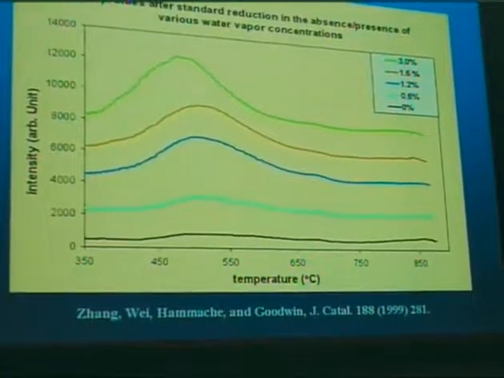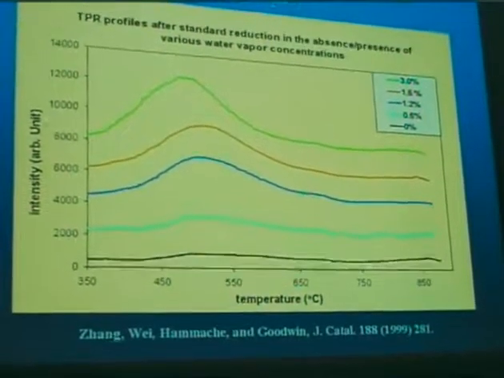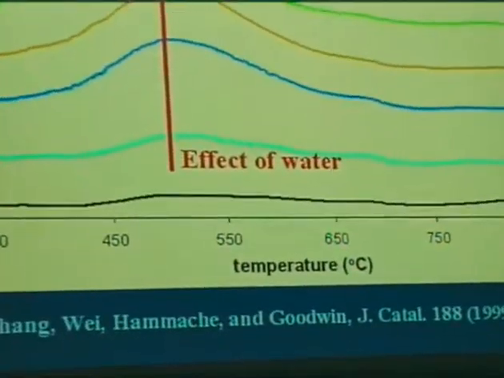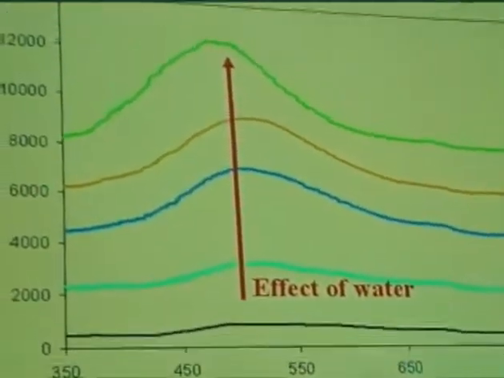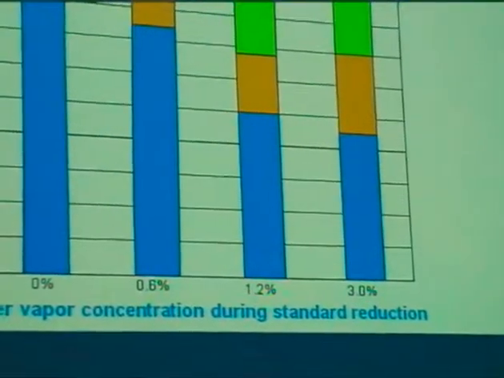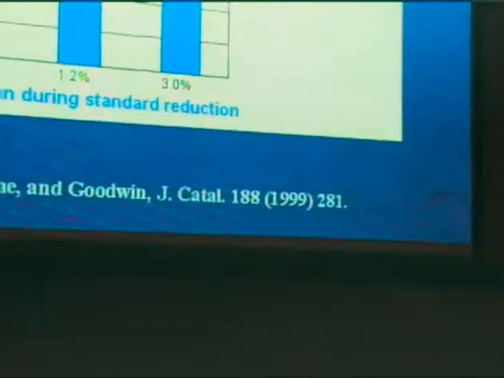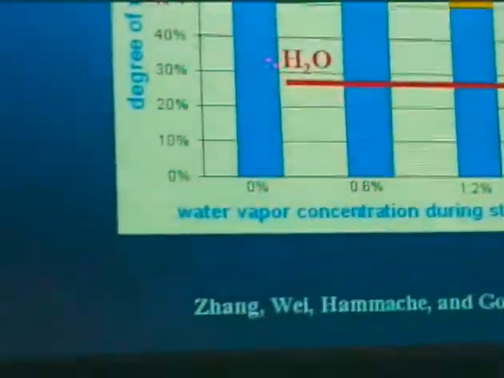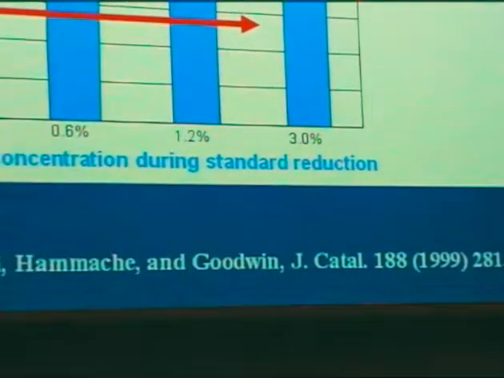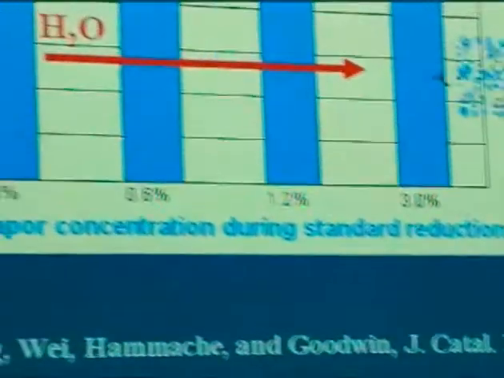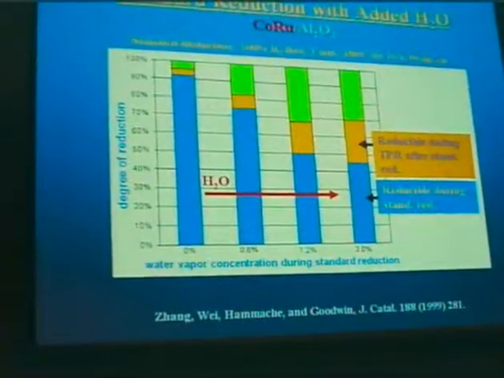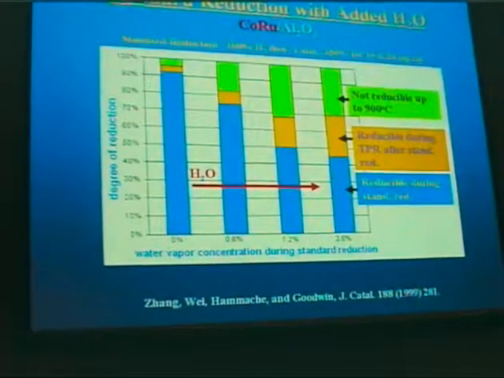You can see that as you add water, you greatly increase the amount of reducible cobalt that you couldn't reduce under your standard reduction conditions. This shows it even more clearly: here in the blue, as you add water, is the amount of cobalt reducible under standard reduction conditions. This is what you can reduce up to 900 degrees, and this is the stuff that's not reducible at all.